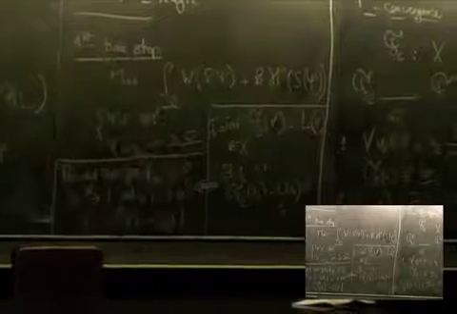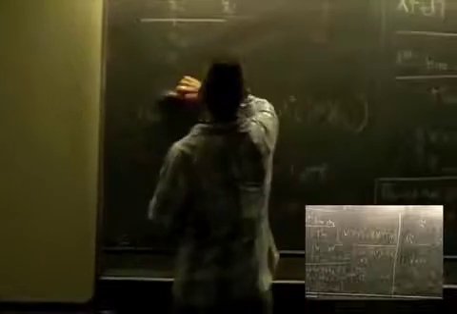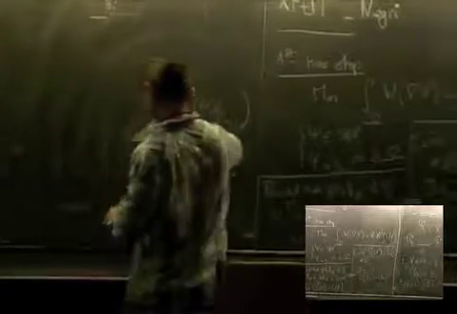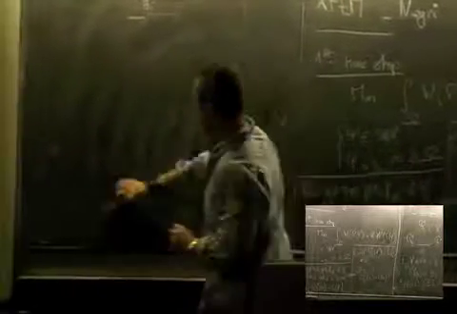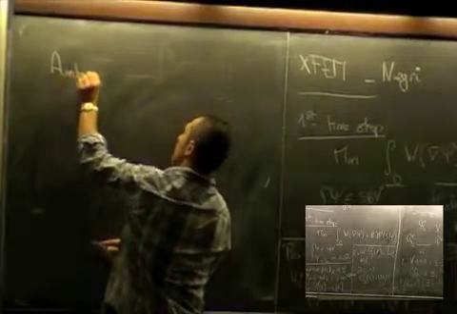And the result in the setting of image segmentation, which has to be slightly modified here, is a result of Ambrosio and Tortorelli. It's a result which dates back to the beginning of the 90s.